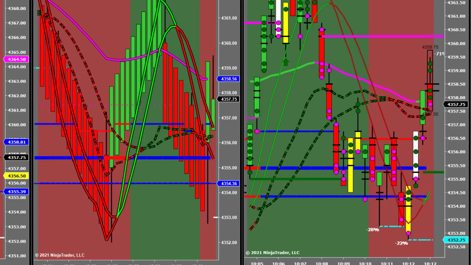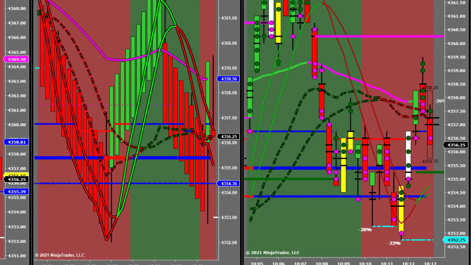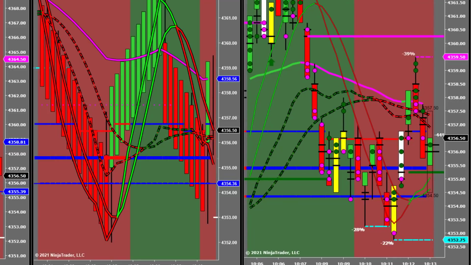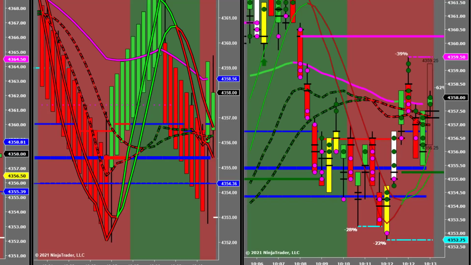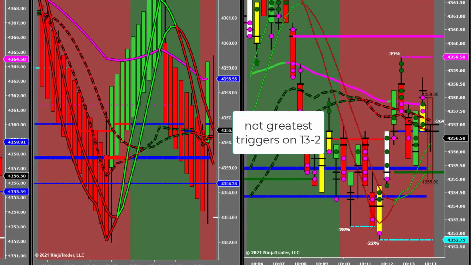The support held eventually, and one more attempt at long with our small triggers rolling up in a high volume area.